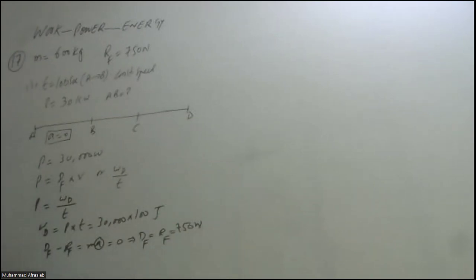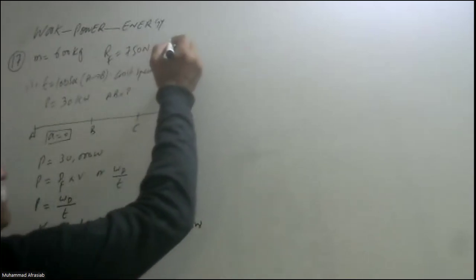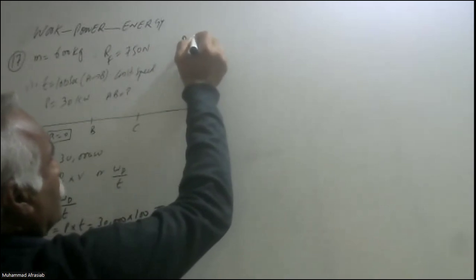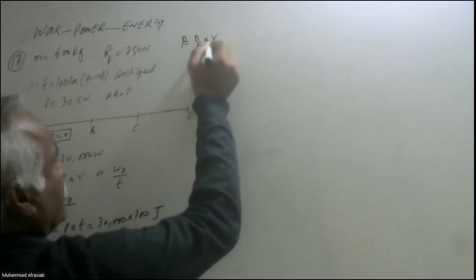Now you can find the speed of the car. Power is equal to driving force times speed.